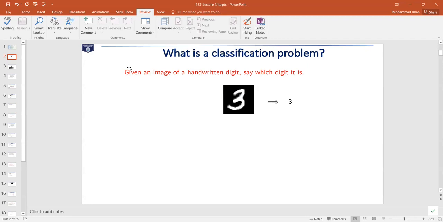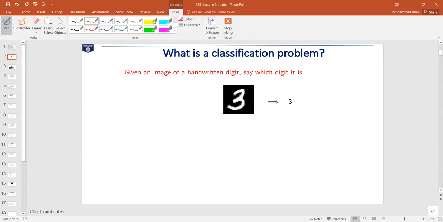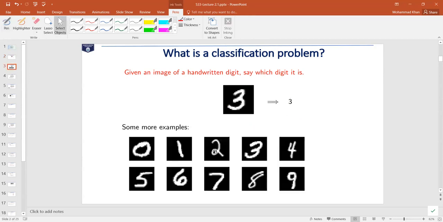This dataset has, I think, around 70,000 examples. 70,000 examples mean 70,000 images like this. So the dataset contains images and also the labels. This is the image and this is the label. There are some more examples here. We can easily understand that this is an instance of 0, 1, 2, 3, 4, and so on.